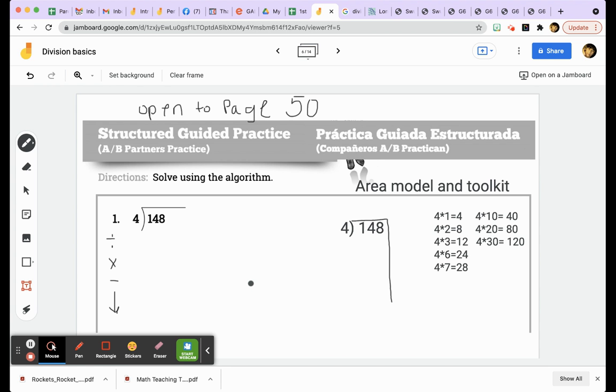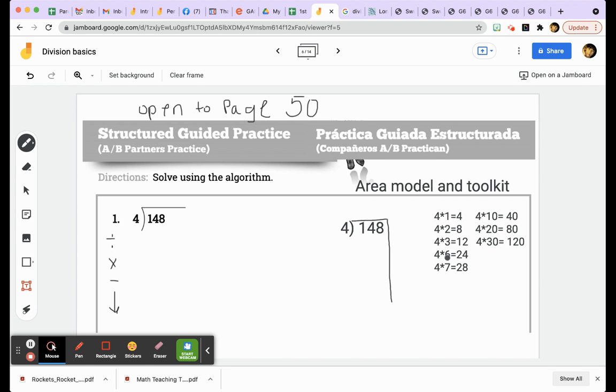Okay? Again, we're going to start with the area model and the toolkit first. I want to know how many equal groups of 4 will fit into 148. So again, I'm going to write my multiples of 4. 4 times 1 is 4. 4 times 2 is 8. 4 times 3 is 12.